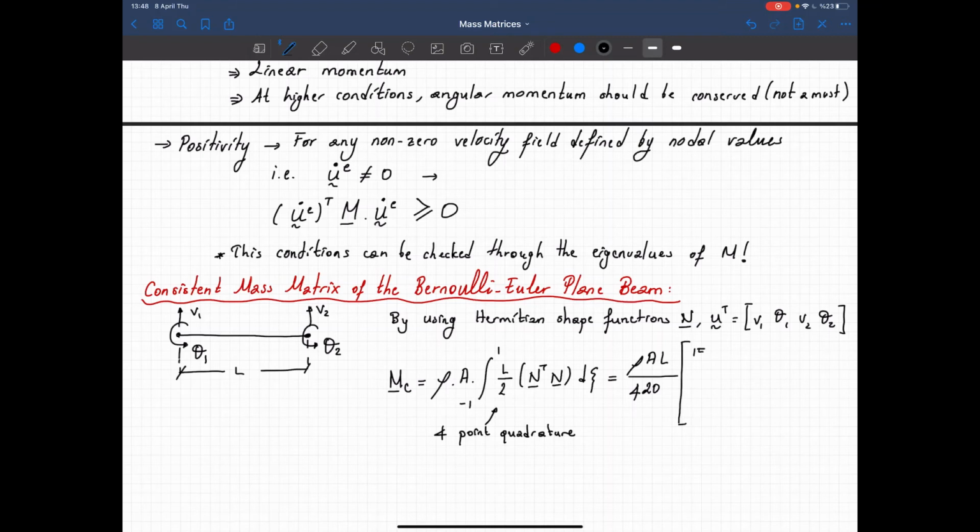Numbers are as follows: 156, 22 L, 54, minus 13 L, 4 L squared, 13 L, minus 3 L squared, 156, minus 22 L and 4 L squared, and that will be the symmetrical matrix.